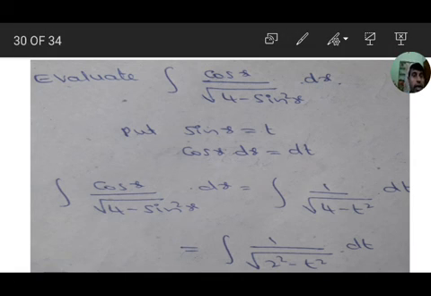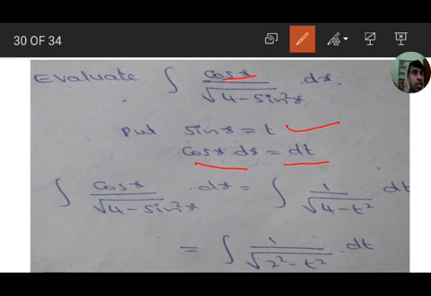Evaluate integration cos x by square root of 4 minus sin square x dx. It is also not in the standard form, so we have to convert it into standard form. Substitution: sin x equal to t. Differentiate with respect to x: the derivative of sin x is cos x, so cos x dx equal to dt.